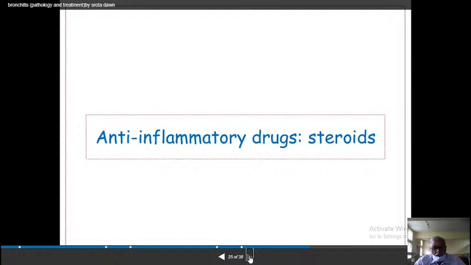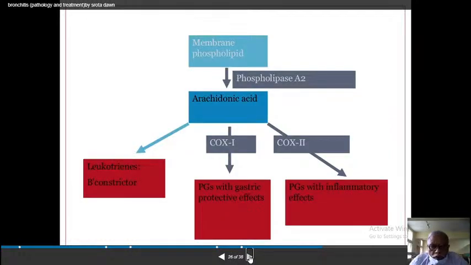The anti-inflammatory drugs, steroids, may be tried, and the arachidonic acid pathway, which is inhibited by COX-2 inhibitors like etoricoxib, and there will be leukotriene secretions which will produce histamine-like substances which will produce bronchospasm in these individuals.